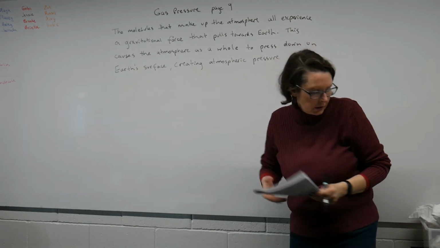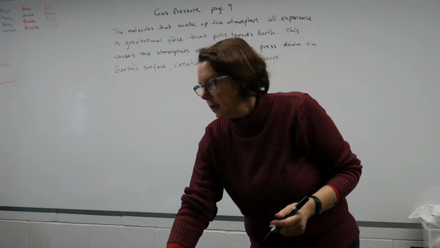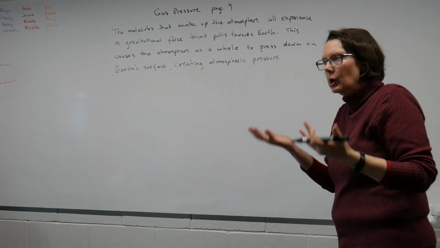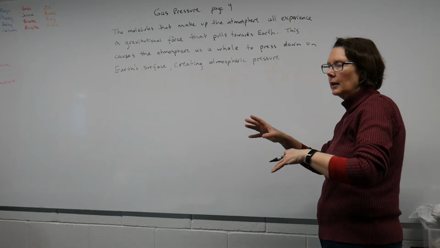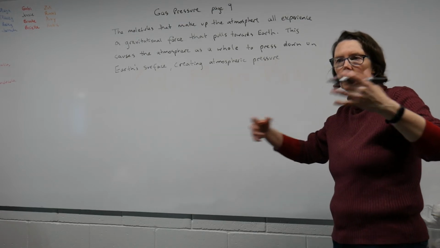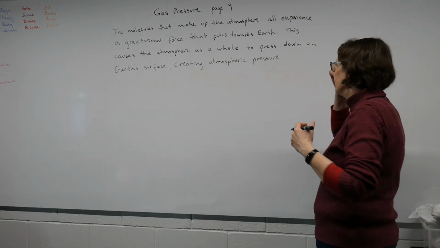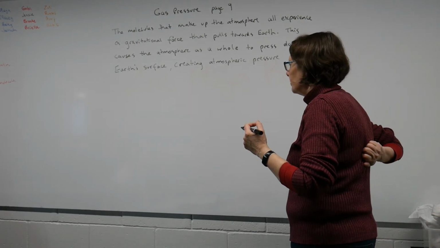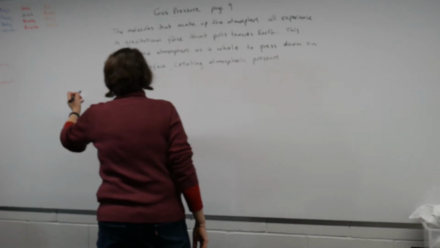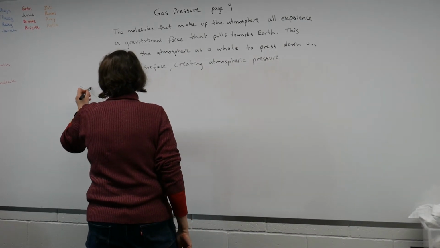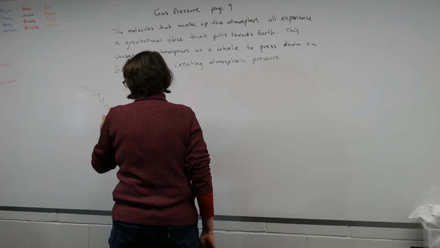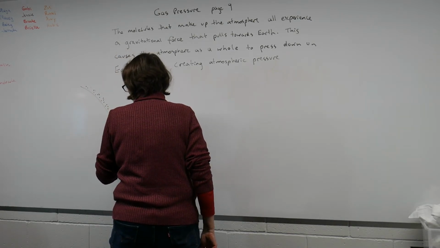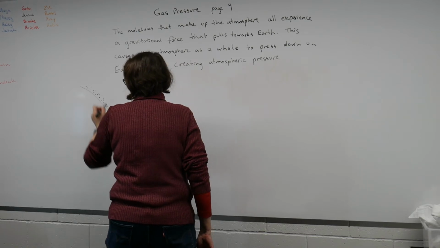Now, I've said to you before, I believe, that our gas particles are high energy particles and that they spread evenly within their container. But when we think about the atmosphere, if this is Earth, then most of the gas is actually close to the Earth's surface because of that gravitational attraction.